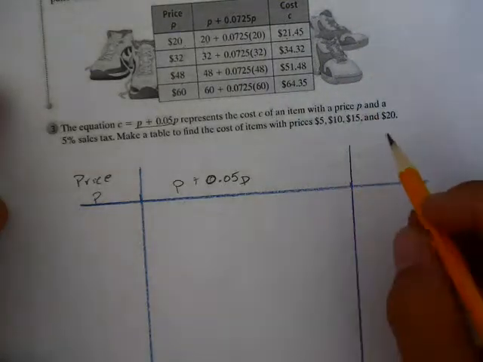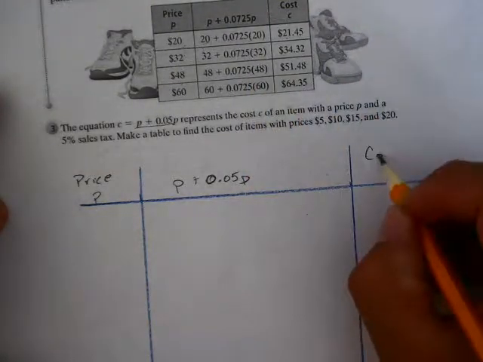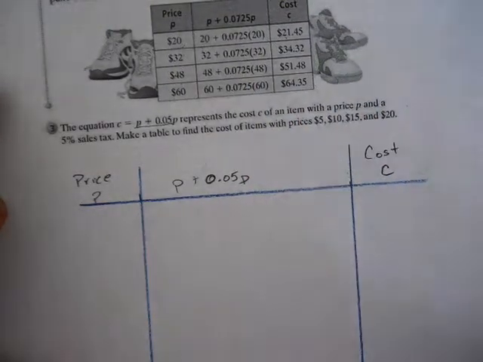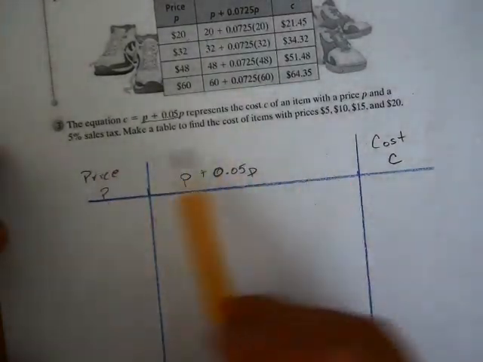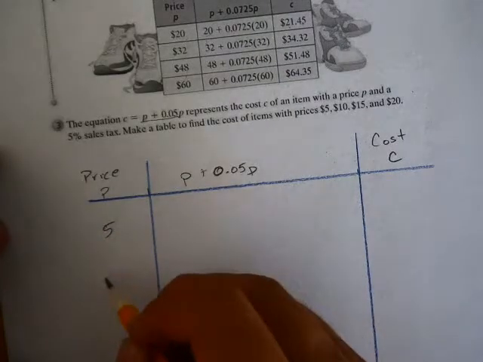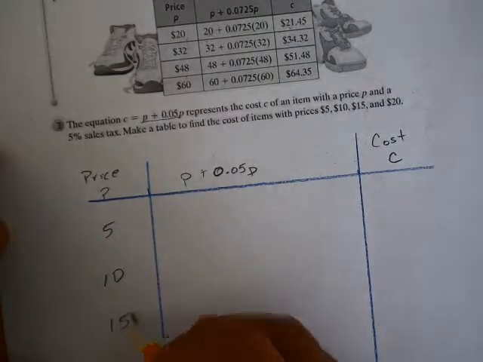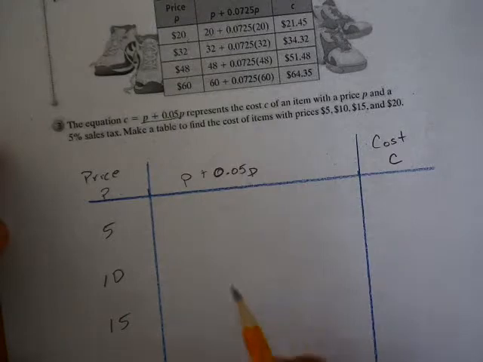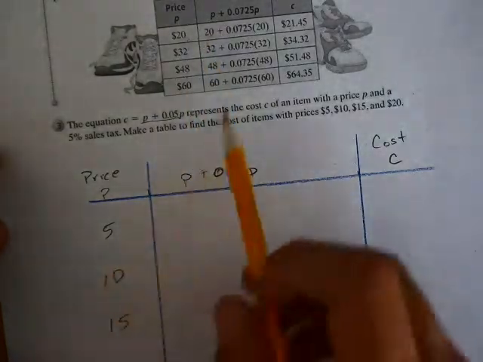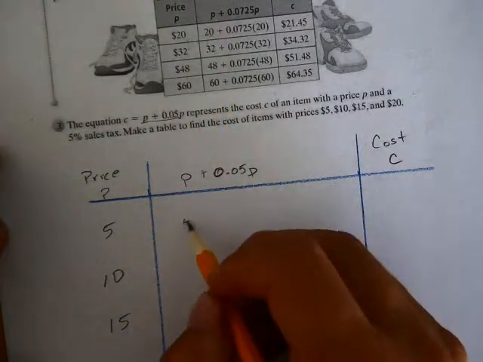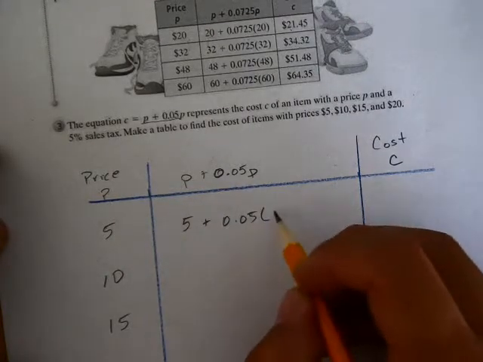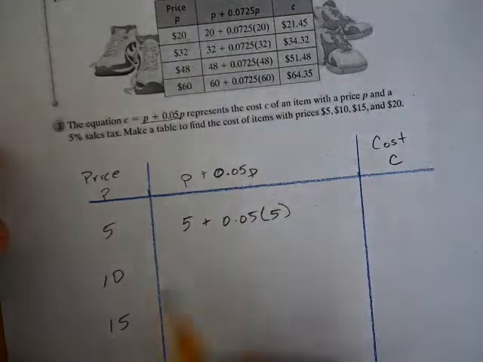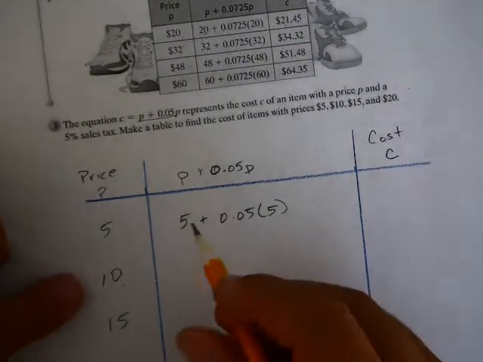And then over here I'm going to put down the cost, C. Now, I can fill in this column because I know my prices are going to be 5, 10, 15, and 20. And now I can write in my equations. The price is $5 plus 0.05 times 5. And I'm just going to rewrite this thing using the appropriate price in the equation.